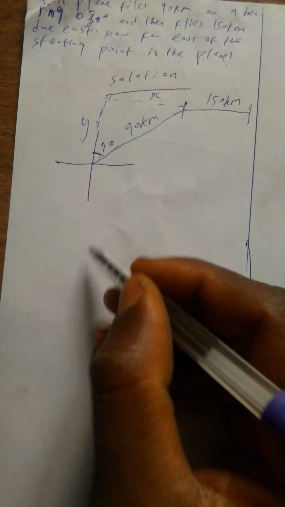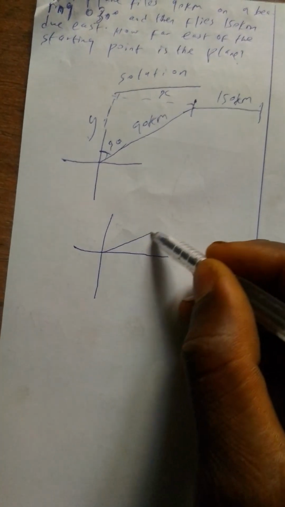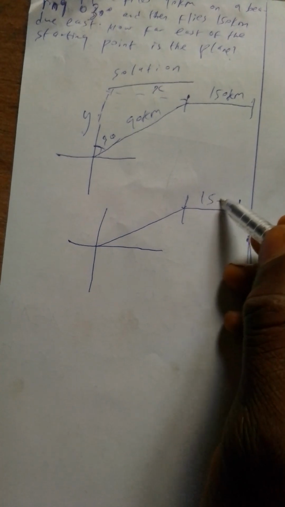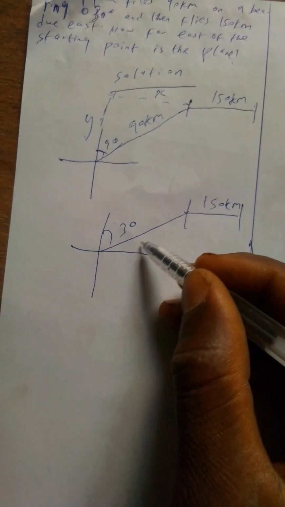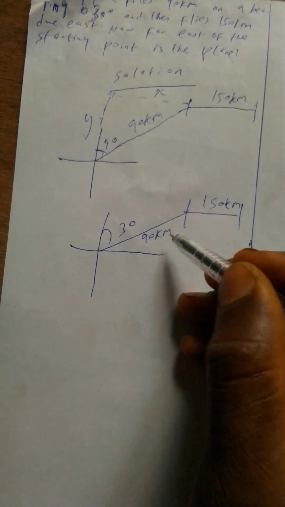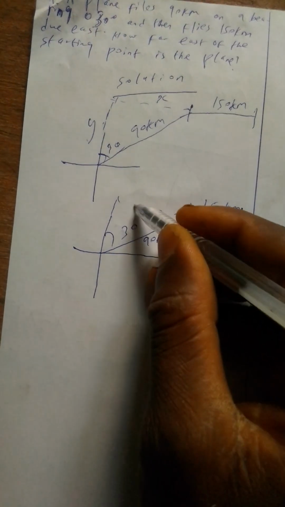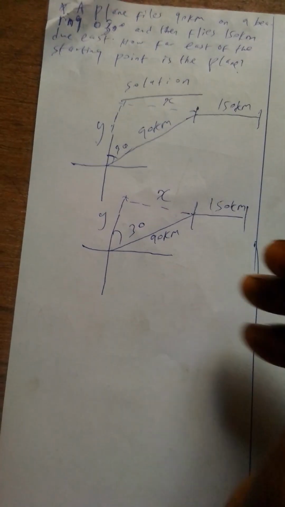This one is the same thing as this. Here is 150 kilometer. This is 30 degrees. Here is 90 kilometer. Then this is the sketching. Here is y, and here is x.